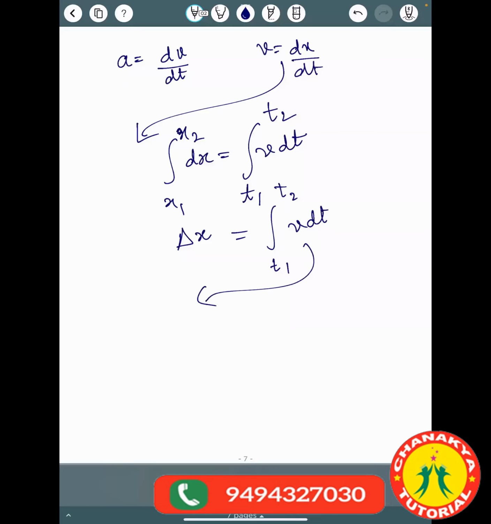What this tells me is that the area under the vt graph gives the change in position or change in displacement. Okay.